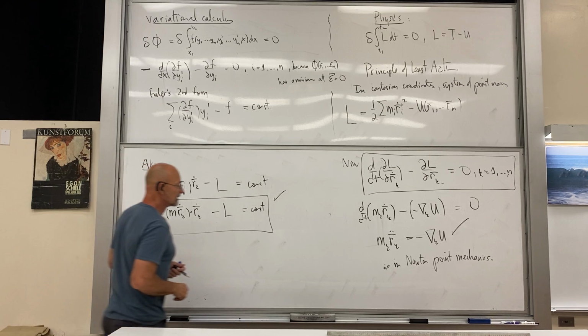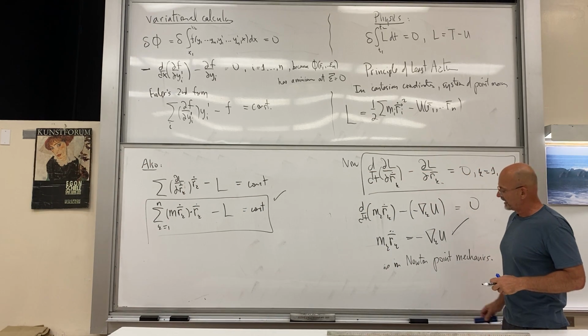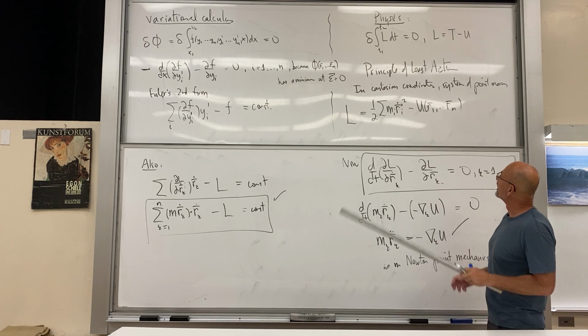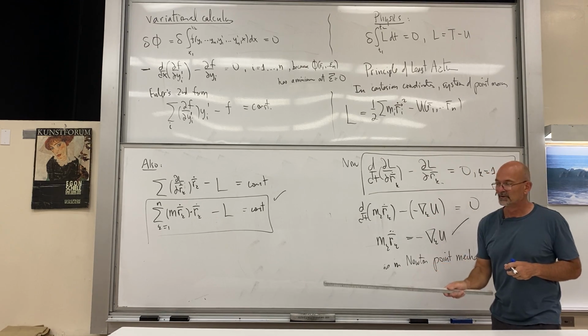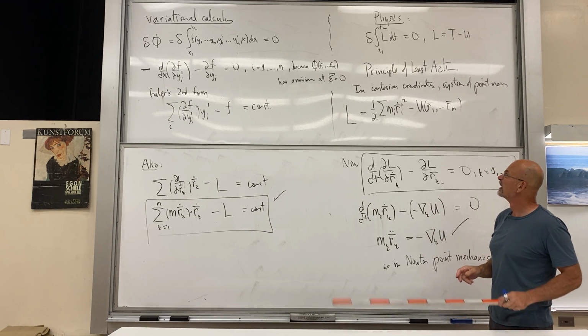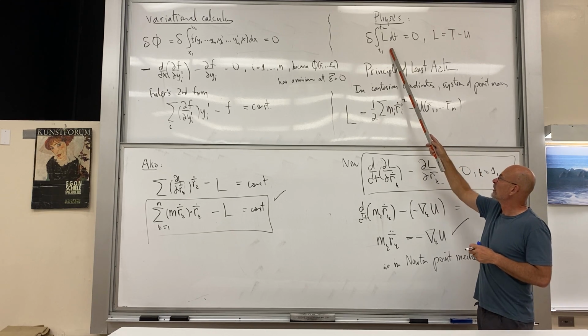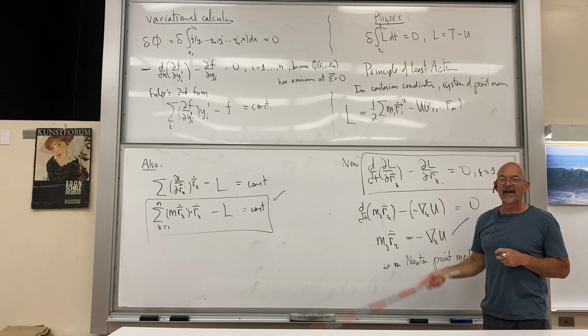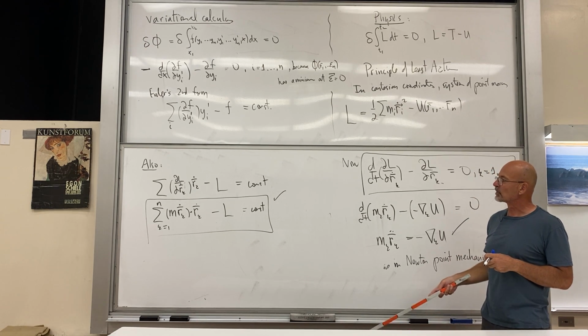Okay, so we do have this variational principle. And what's important there is that L is a scalar, and because L is a scalar, we're just trying to minimize this expression. We can express L in terms of any coordinates we want to, as long as they're independent coordinates.